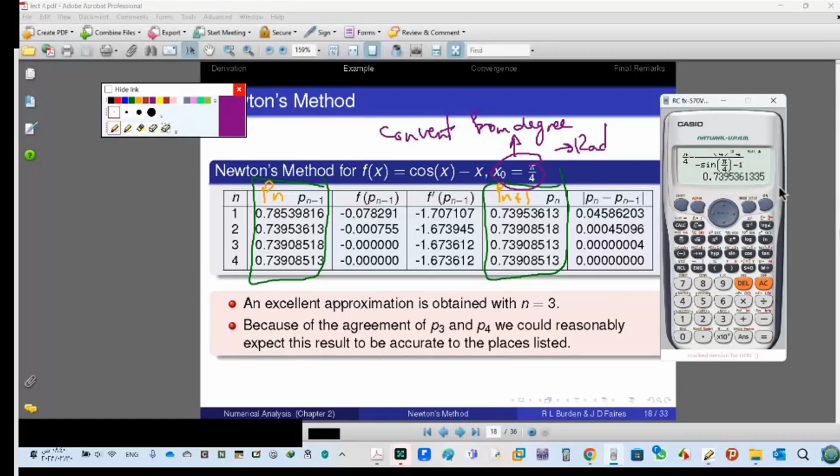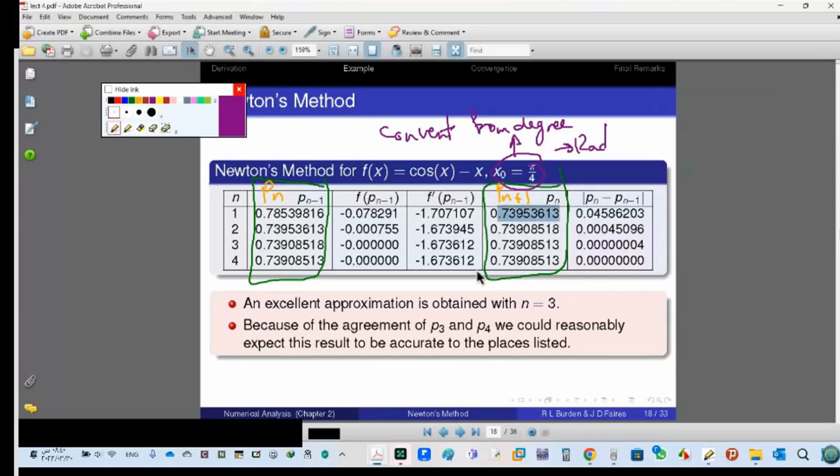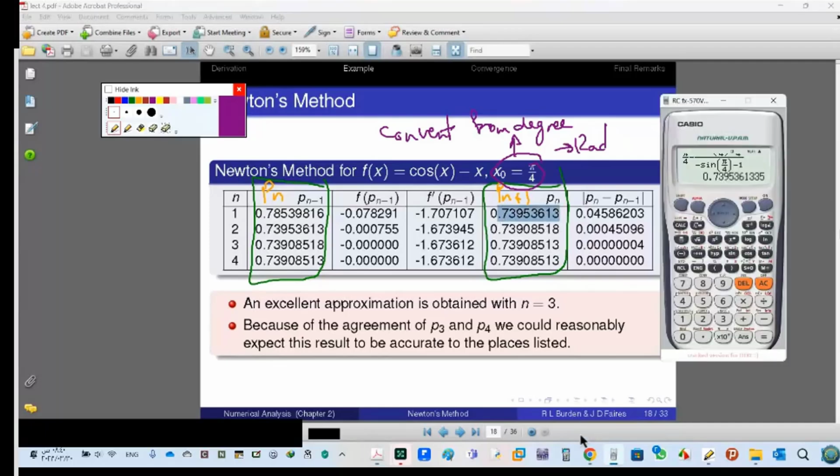This is the value. See, same: 0.739536. Is it clear? So you can divide your answer into two parts. Either this, or you can solve like me.